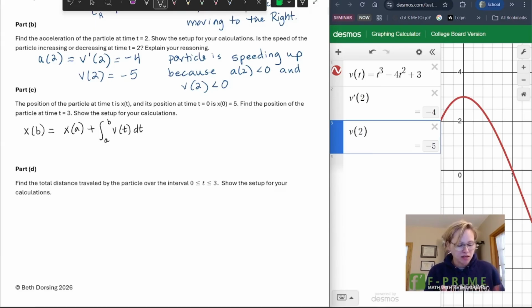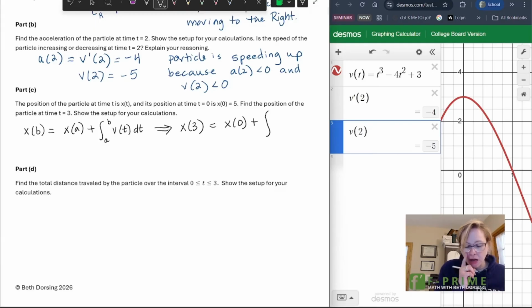So in this case, this formula earns me 0 points, but it gets me started in the right direction. So here's what I'm going to do. At time 3, that's the position I want. So I'm going to take the position at time 0, and I'm going to add to it the integral. Now, a good little rule of thumb when you're using this formula is to not get stuck with the numbers having to be 0 on the right side with the integral.